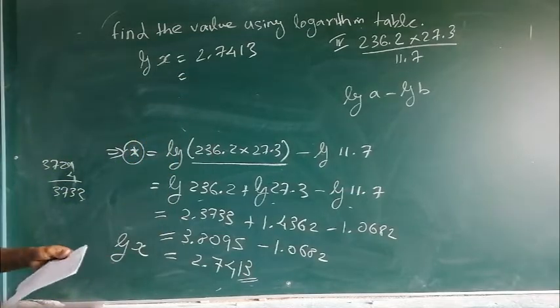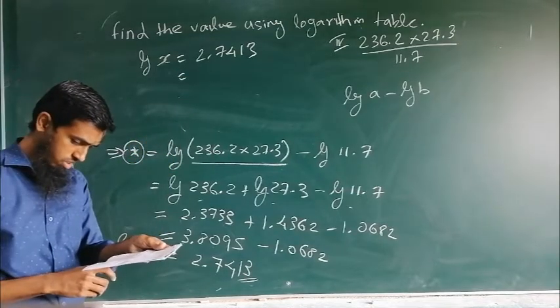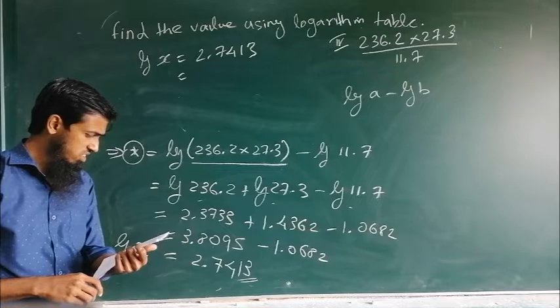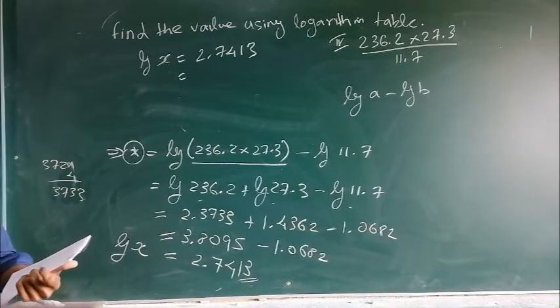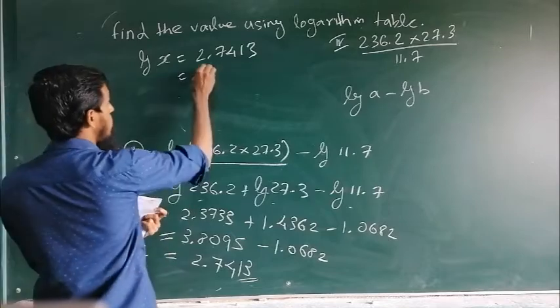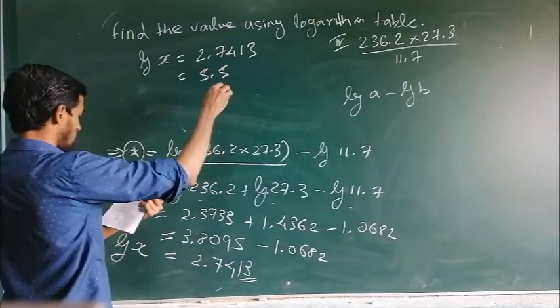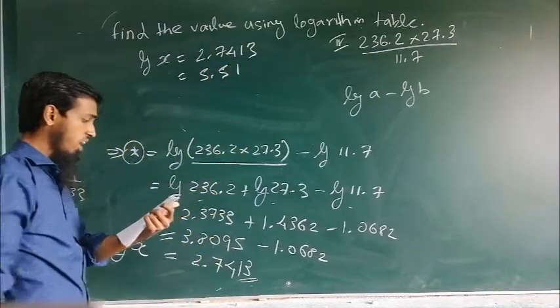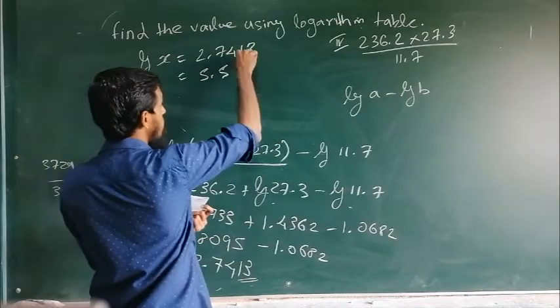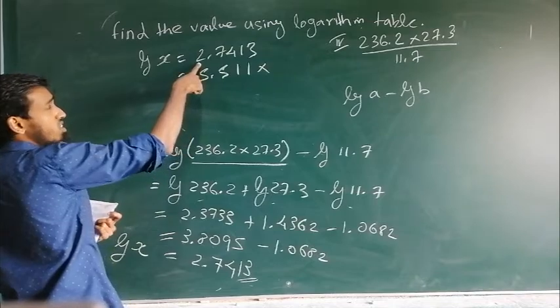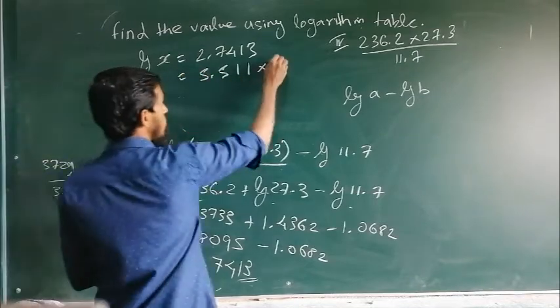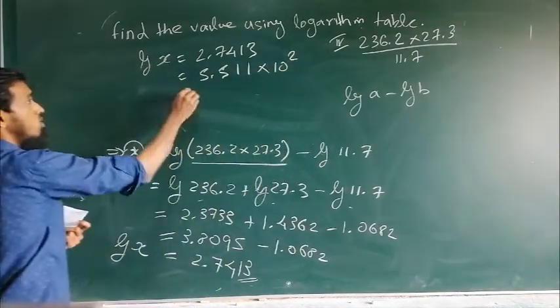So you need to find 7413. 7412 we have on the 55th row. So 5.5 first column. So we have 1. That is on our first mean difference. Before the decimal we have 2. We write it as 10 to the power 2.